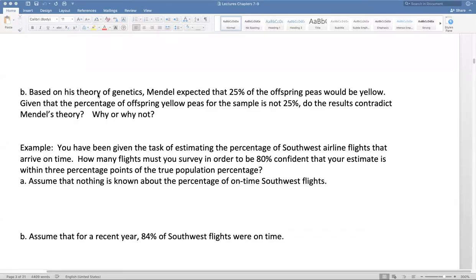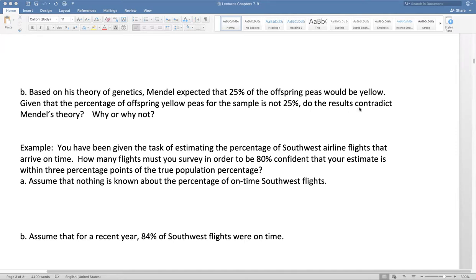Based on his theory of genetics, Mendel expected that 25% of the offspring peas would be yellow. So given that the percentage of offspring yellow peas for the sample is not 25%, as we saw, p hat is 0.262, which is approximately 26%, right? So it's not 25%.